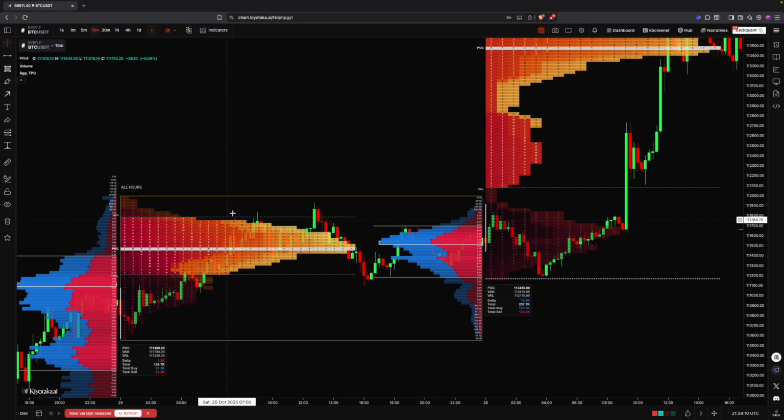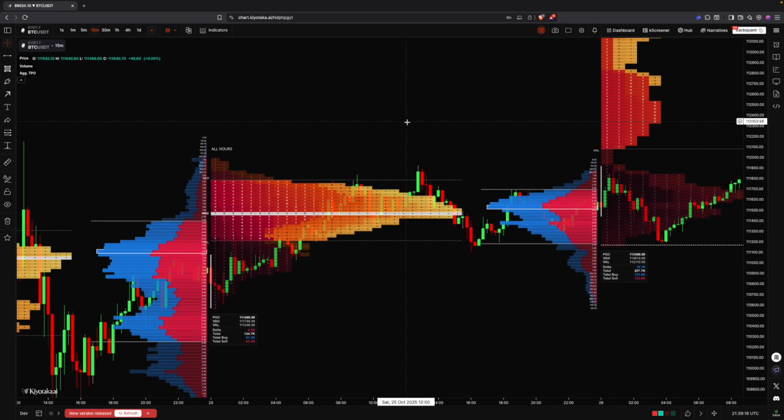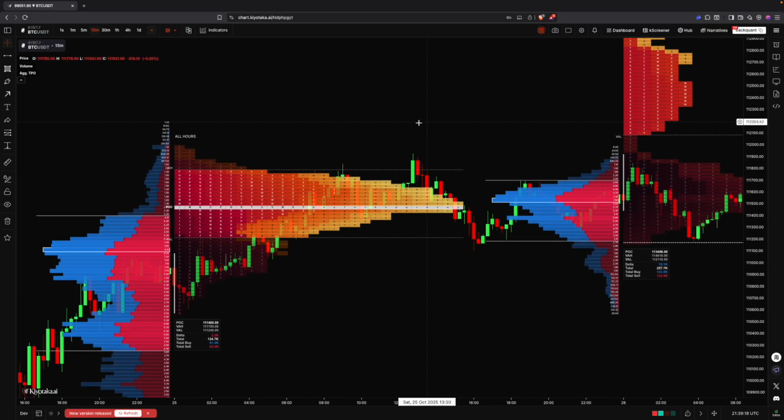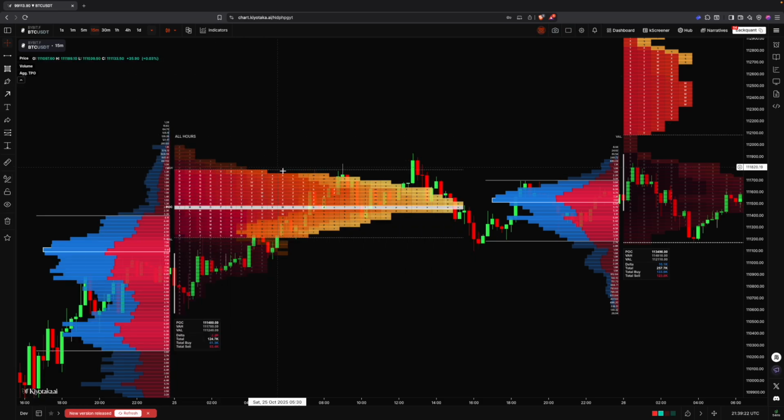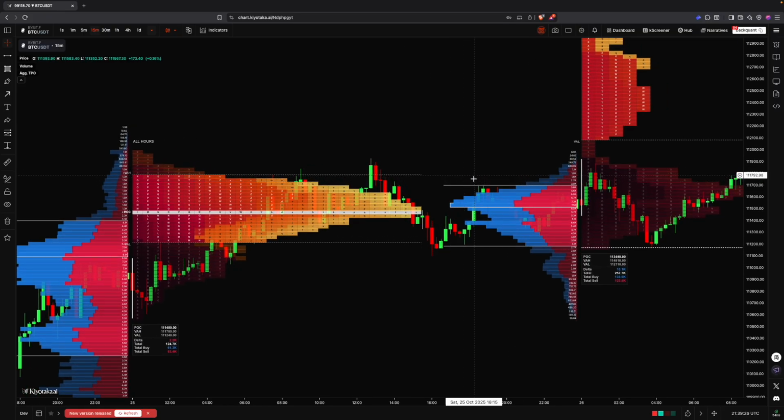And same with support and resistance. You want to identify high probability areas of support and resistance. So with these two tools in confluence, aggregating all these exchanges through Kiyotaka, you have the ability to really identify the high probability areas where you can expect the market to have a reaction.